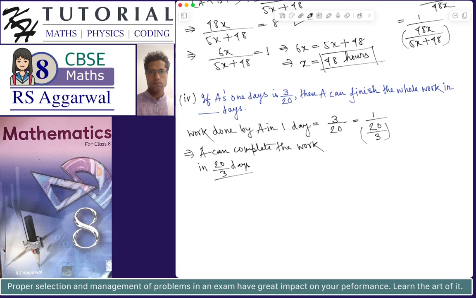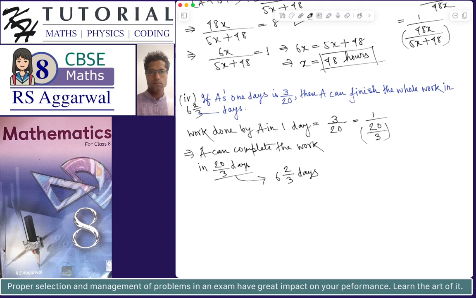This should be the answer. Now 20 by 3 days is equal to 6 and 2 by 3 days. So it should be 6 and 2 by 3.